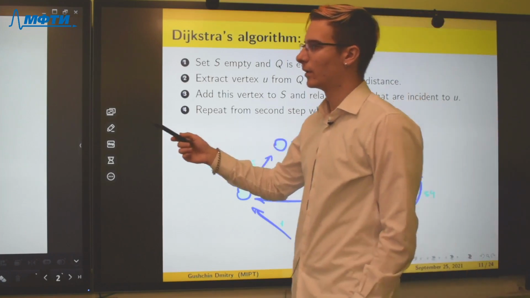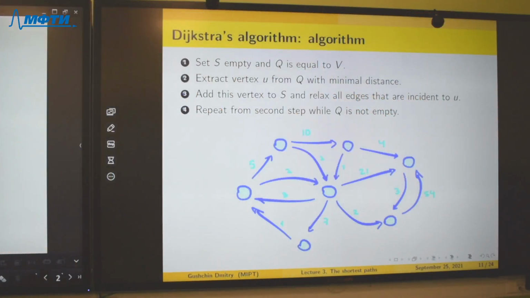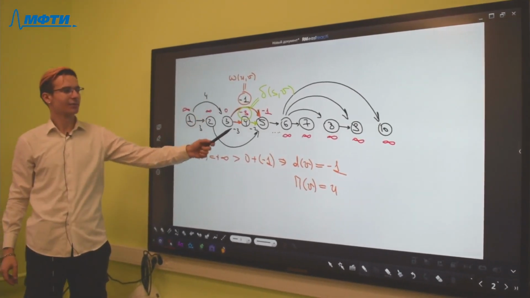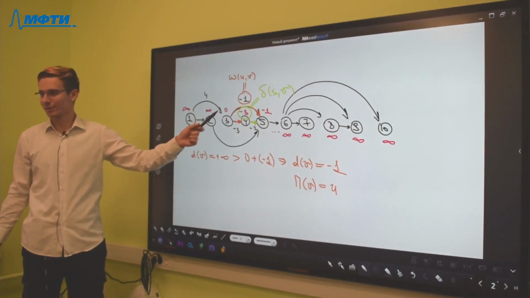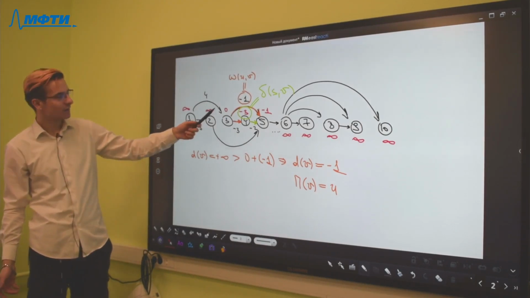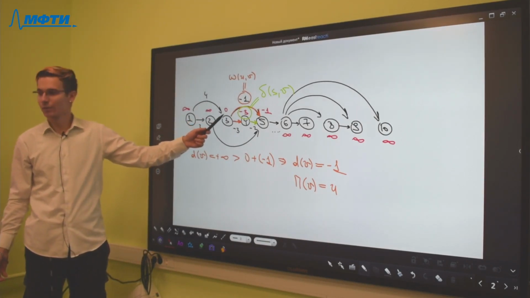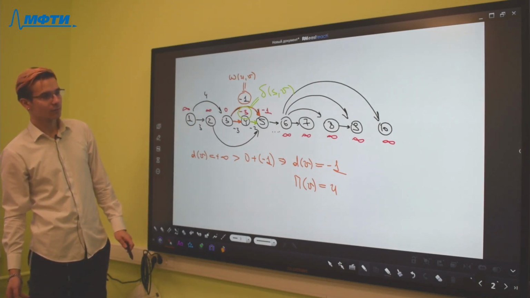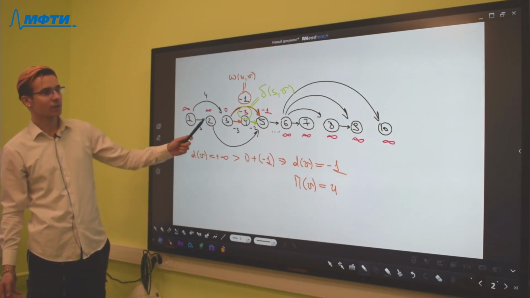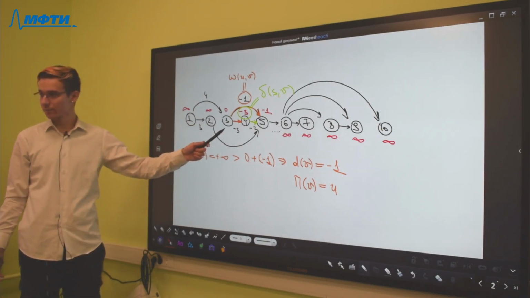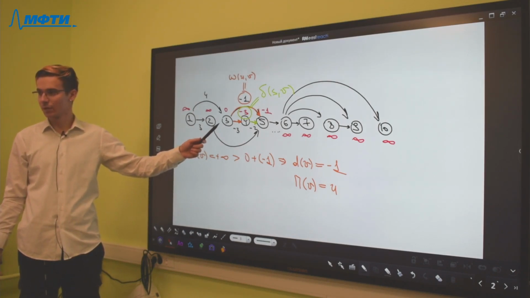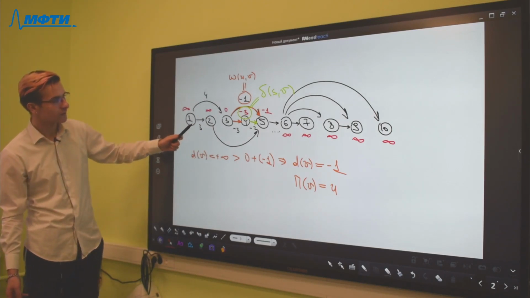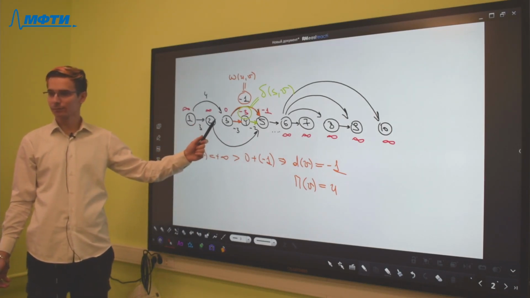For example, initially we have distance equal to infinity, and we have only one vertex, that is source, that has distance equal to 0. And the first step will be that we extract vertex S, so that is source, and then relax all the edges that are incident to it. Okay?